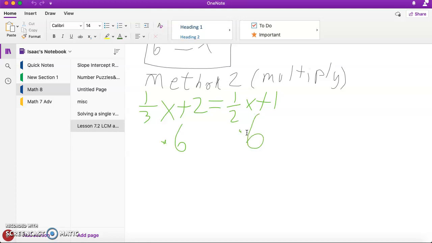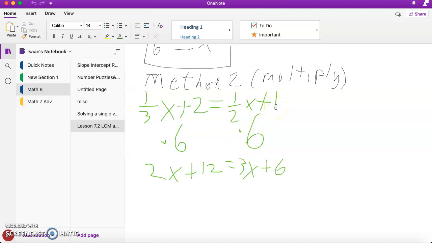So that means I'm going to say, all right, 6 times 1/3 x is going to be 2x. 6 times 2 is going to be 12. 6 times 1/2 x is going to be 3x. And 6 times 1 is just going to be 6.